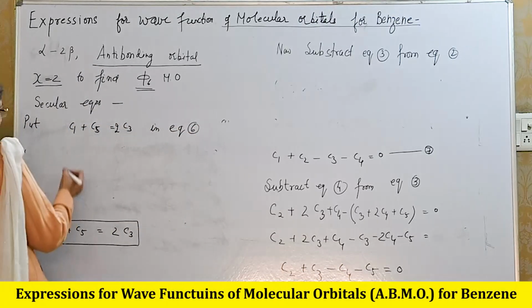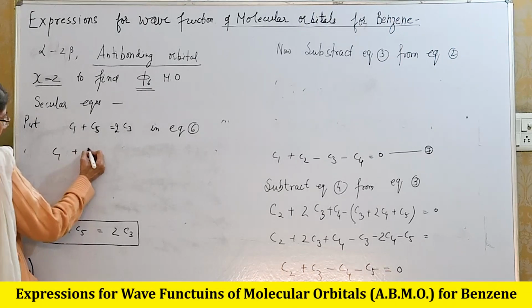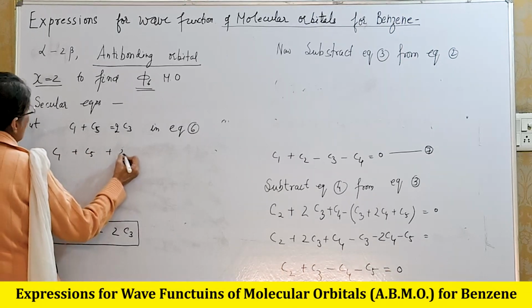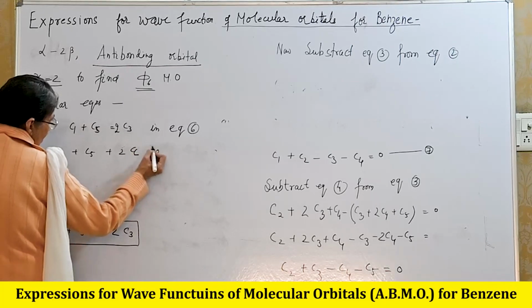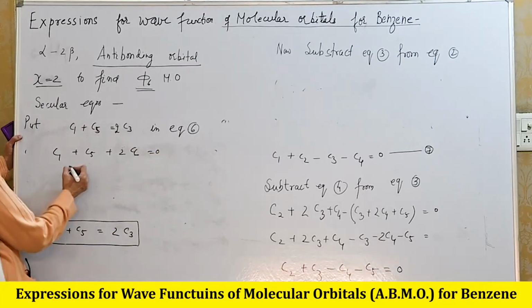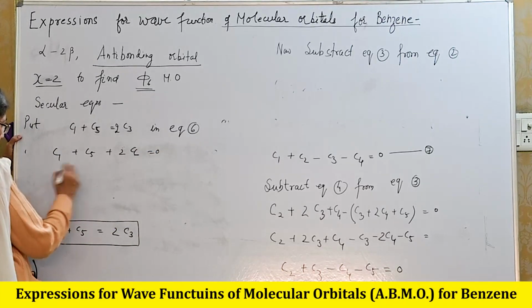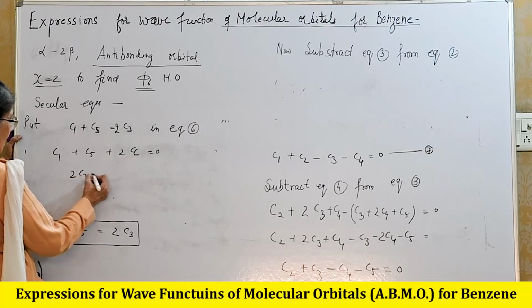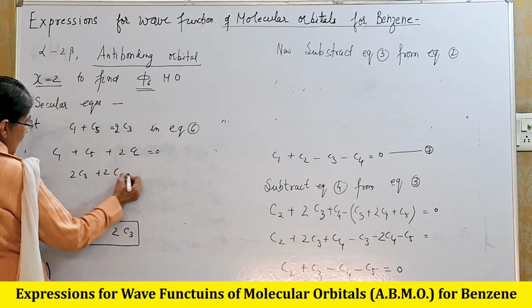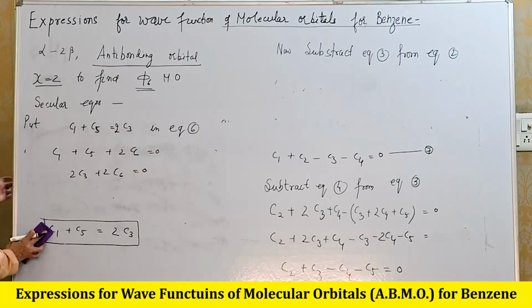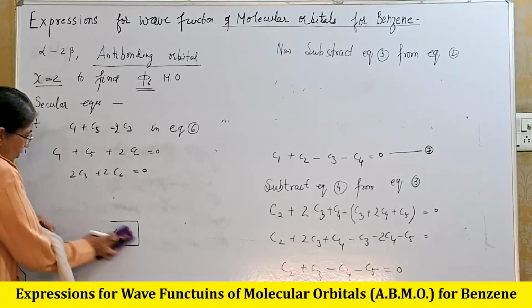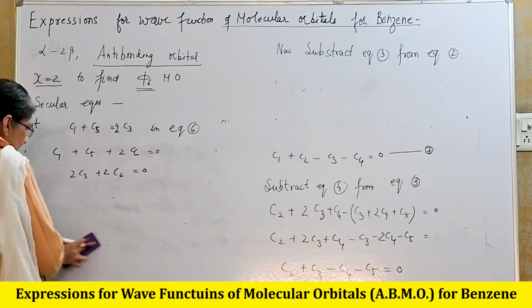Then equation 6 is C1 plus C5 plus 2C6 is equal to 0. So here we write that 2C3 plus 2C6 is equal to 0. Therefore, C6 is equal to minus C3.